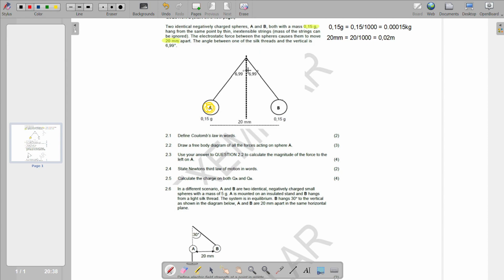The inextensible strings, if these are hanging, are supposed to hang in this direction, with sphere A this side and sphere B on this side. But now they are far apart, so there is a force applied on it.